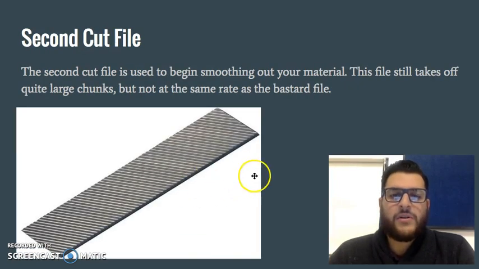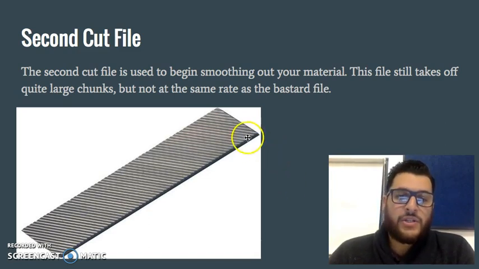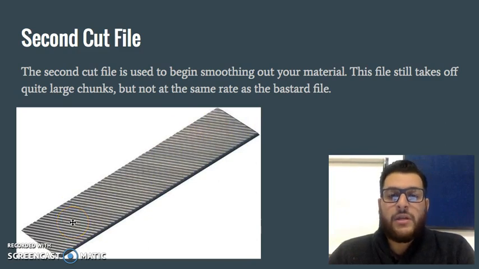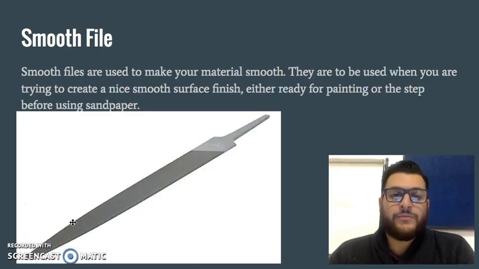Now the second cut file is used to begin smoothing out your material. It still takes off large chunks of material, but not at the same rate as the bastard. As you can see, the teeth are getting less coarse, which allows us to move forward onto the next file, our smooth file, which is used to make your material smooth.